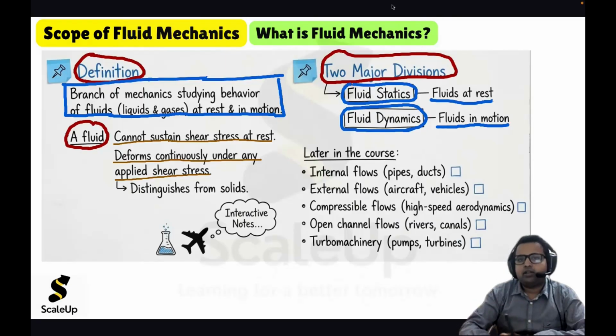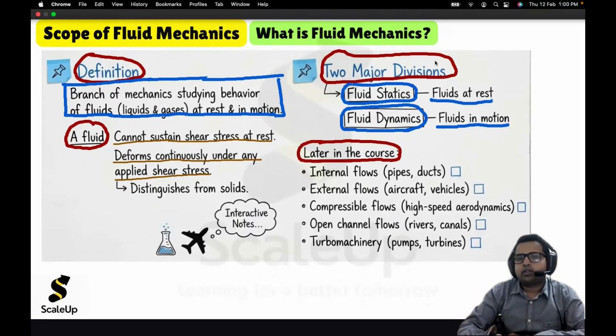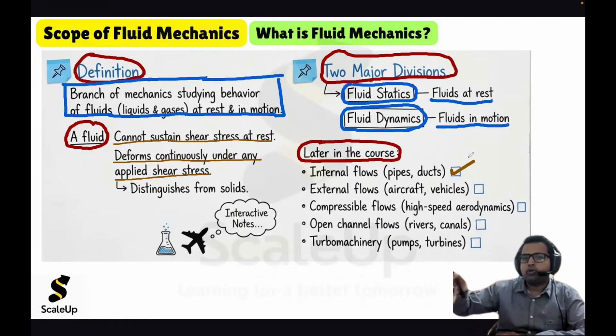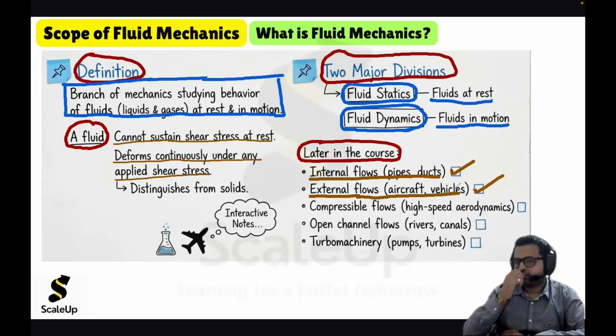Later in the course, these divisions will further expand. In the later part of the course we will start talking about internal flows, wherein the fluid is flowing internally in a system like pipes and ducts. We'll talk about external flows, wherein the fluid flows externally, like over aircraft and vehicles.